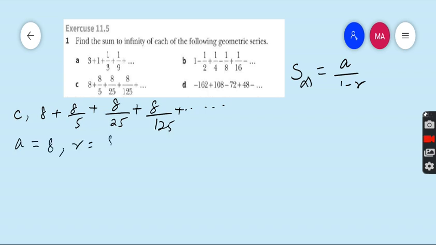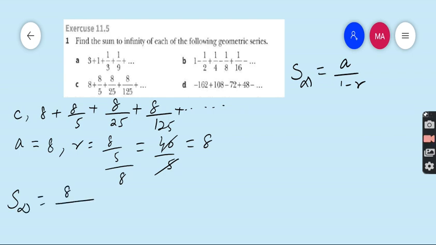The ratio is 8/5 divided by 8, that is 40 upon 5, and 40 upon 5 is 8, because 5 eights are 40. Hence the sum to infinity is a, 8, upon 1 minus r.